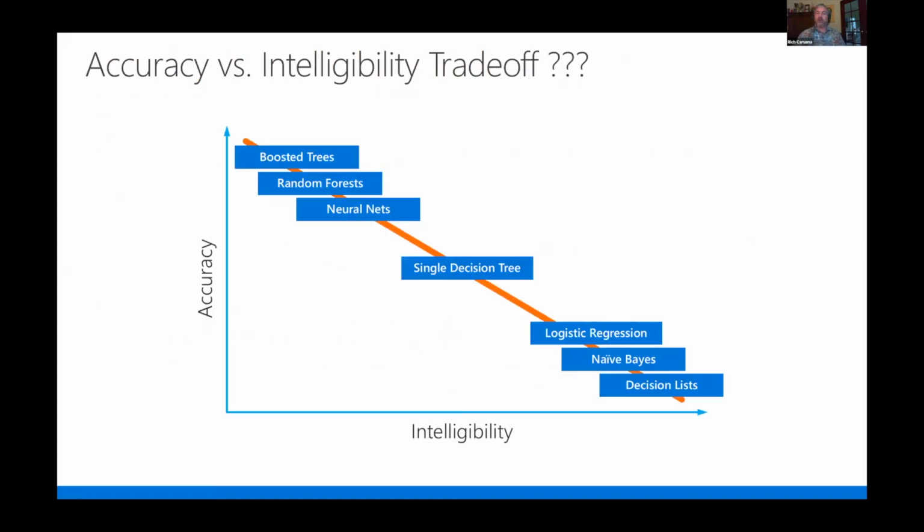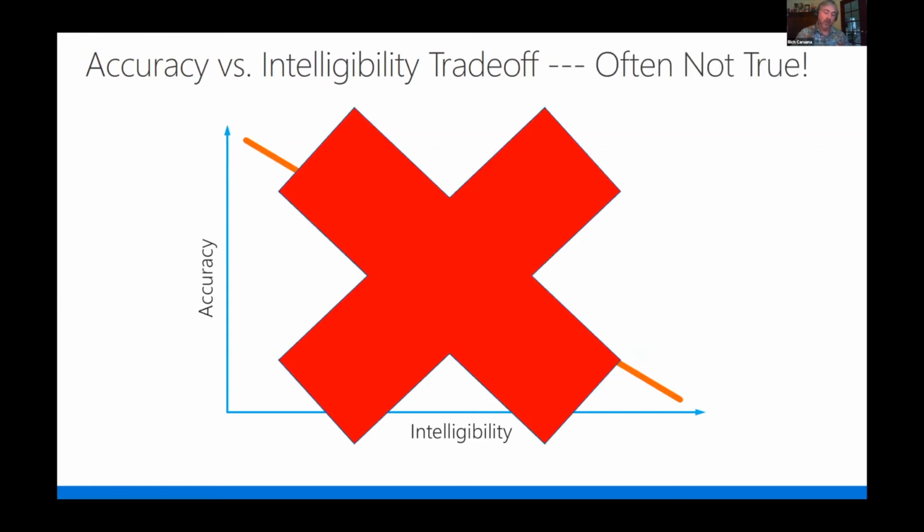Now, you've seen this already in Marco's presentation. We hear a lot about this trade-off between accuracy and intelligibility, that the most accurate models aren't very intelligible and the most intelligible models aren't very accurate. And the good news is that if you're working with tabular data, this is just often not true. That is, we now are starting to have learning methods which are very interpretable, but which also are very high accuracy.